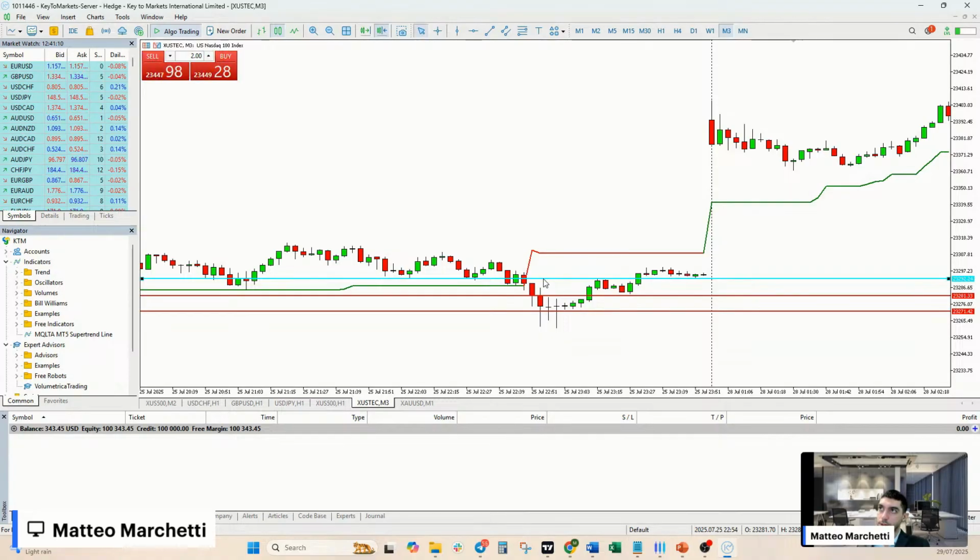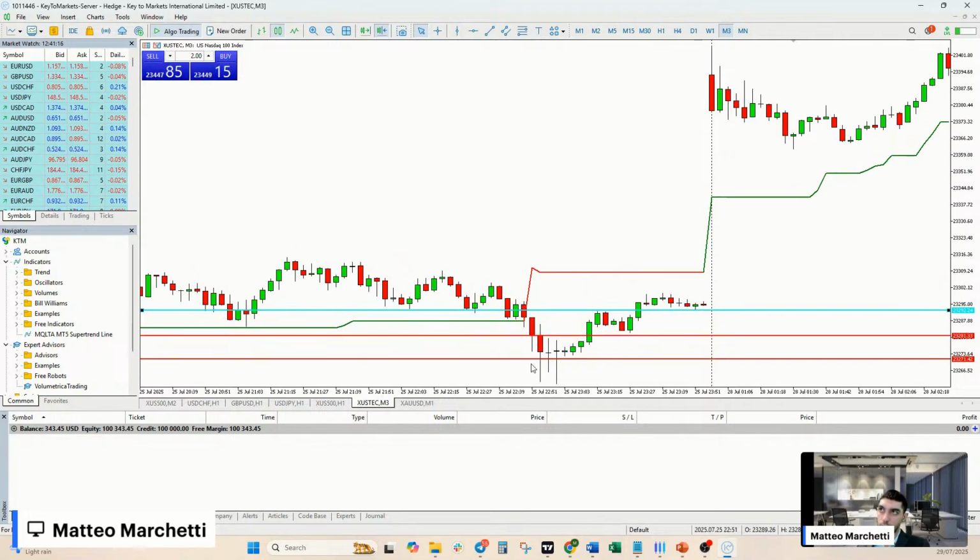I place my stop loss here, which is a couple of points above the high of the bar that gave me the signal. I open a short trade at the closing price of the bar that gave me the signal, and my first take profit is going to be 10 points lower.